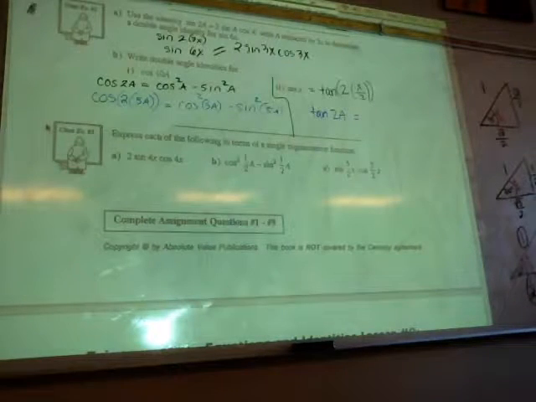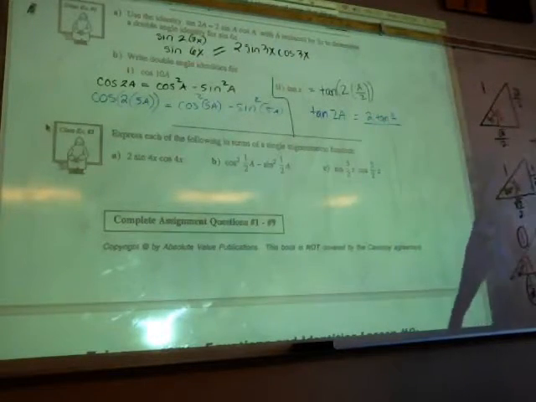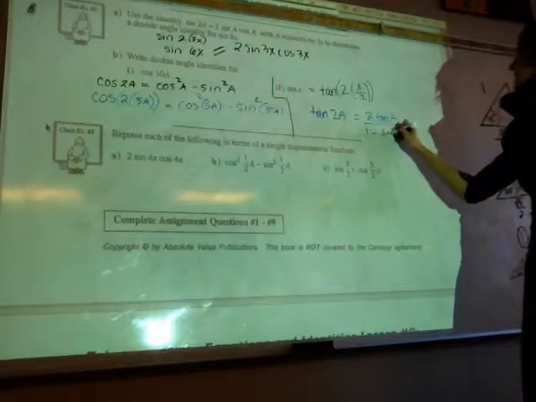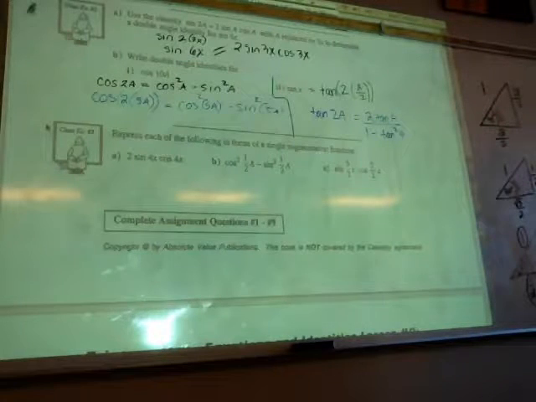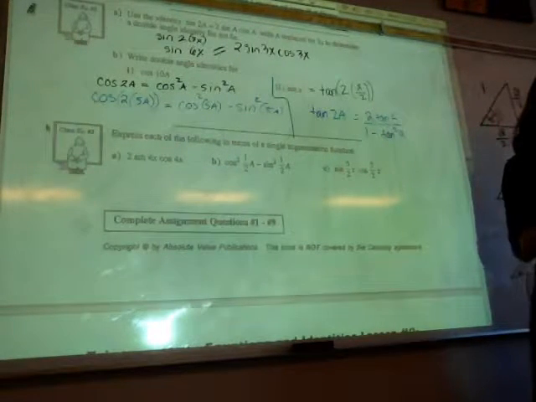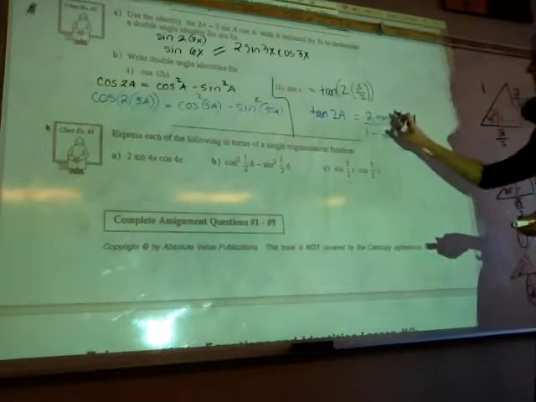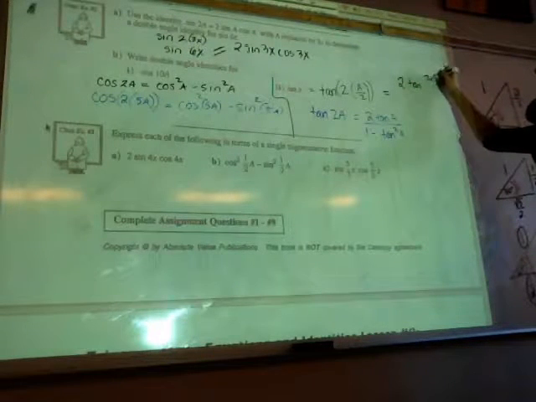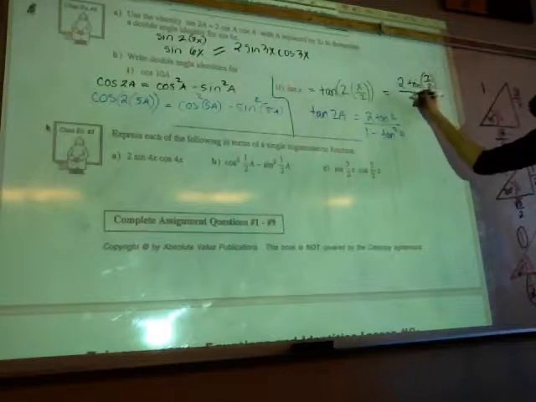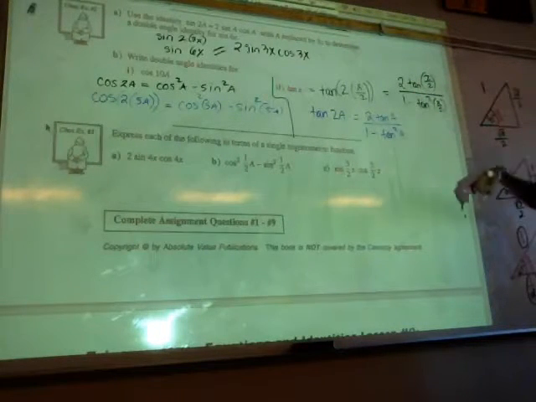So tan 2a is equal to 2 tan a over 1 minus tan a squared. From above, what was a? x over 2. So we're just going to replace all the a's with x over 2. So we get 2 tan x over 2 all over 1 minus tan x over 2 squared.